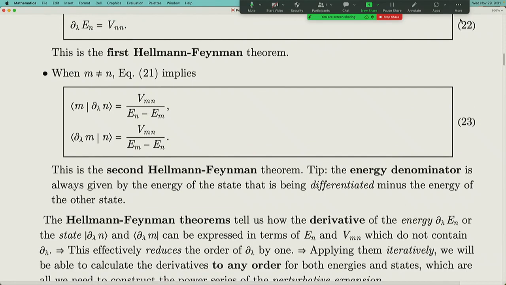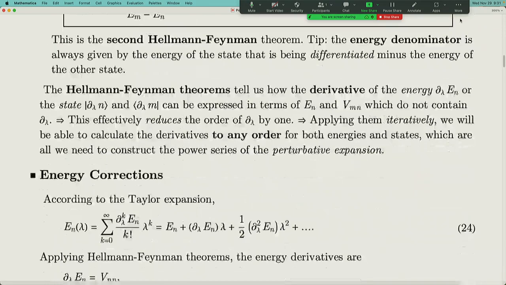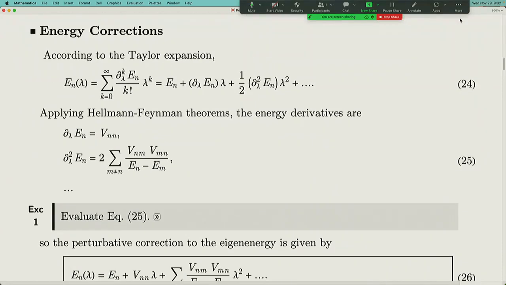So if we keep applying these formulas iteratively, eventually we will be able to calculate any higher order derivative, because we only need to keep reducing the derivative orders until there's no derivative. So that's the idea. Let's take a look at this.